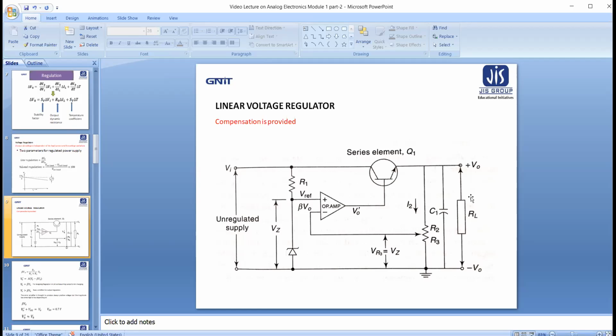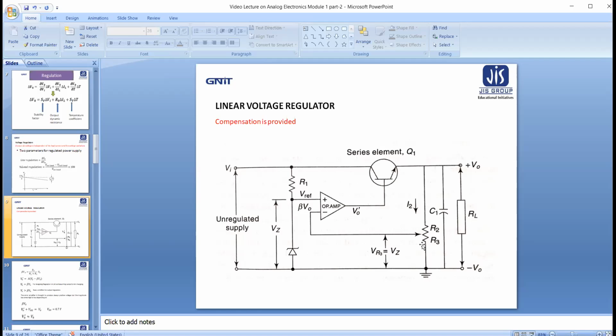So the output voltage is nothing but VI minus the voltage drop across this series element, the transistor. That's why it is also called a series voltage regulator.